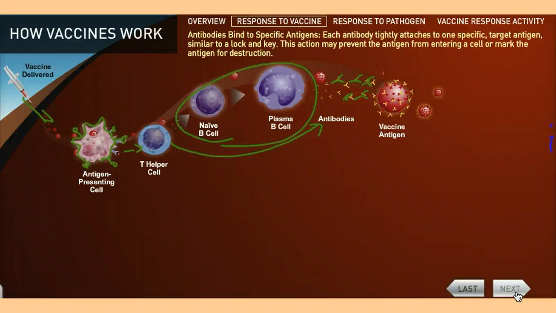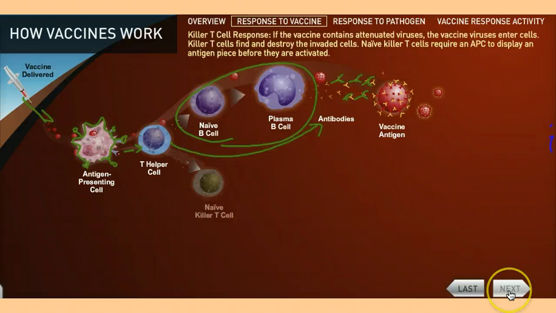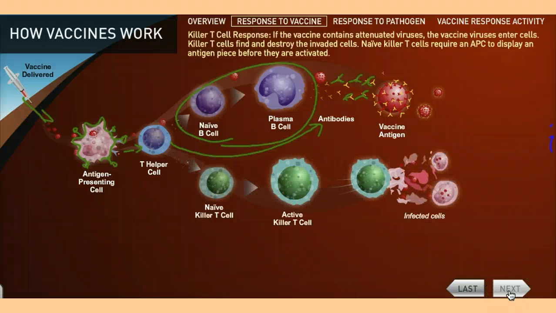Then we have our vaccine antigen combining with the antibodies that are produced by our helper T cell. Now, if we look at an alternative pathway, that will activate our killer T cell. So our T cell now will be activated, and then the infected cell will be damaged.